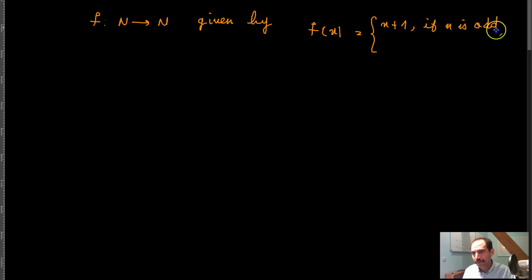Given by this rule, f of x is equal to x plus 1 if x is odd, and it's equal to x minus 1 if x is even.